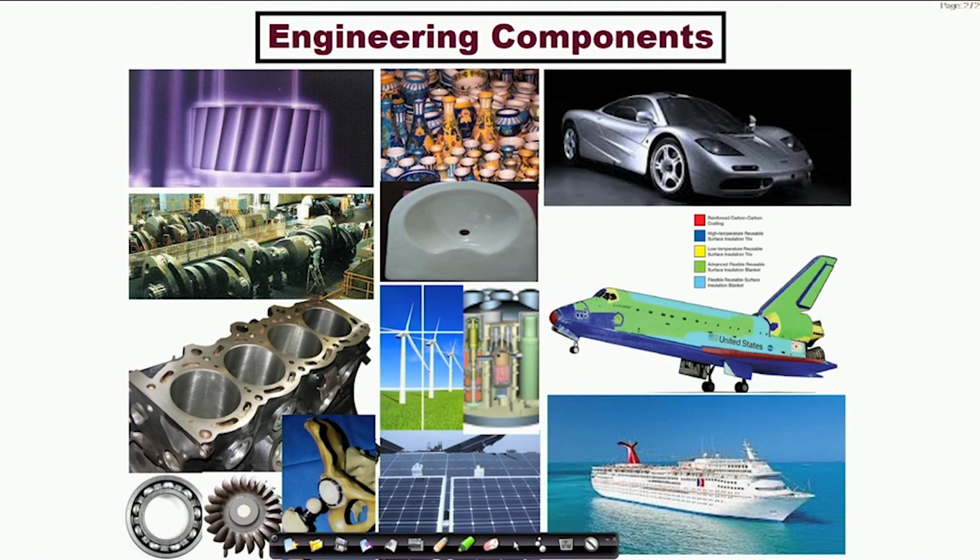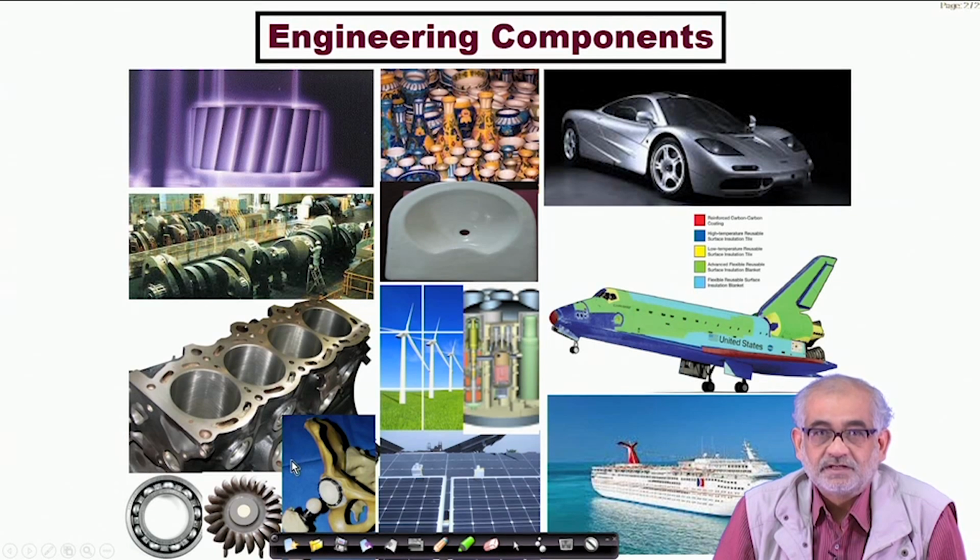To begin with, when you look at the slides, the very first slide gives you a collage of various components. They are not at all connected with each other. We are talking about, for example, a gear component here, a camshaft, an engine block, a bearing assembly.